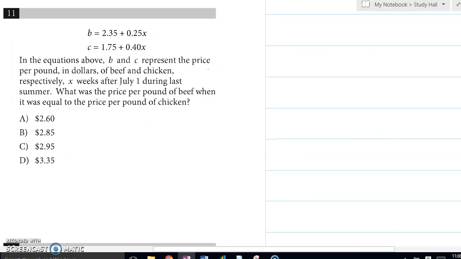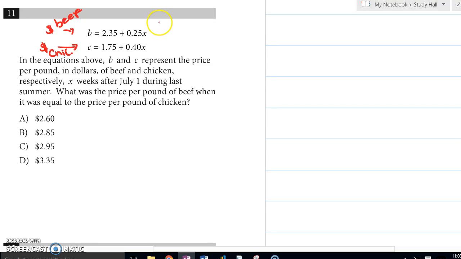All right, number 11. In the equation above, B and C represent the price per pound in dollars of beef and chicken, respectively, so money spent on beef and money spent on chicken. Beef comes first, chicken comes second.